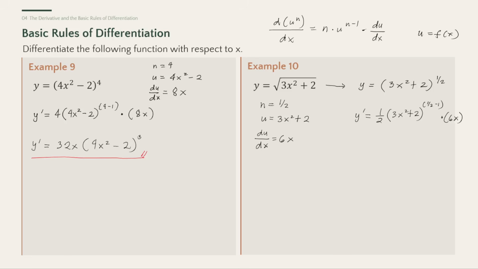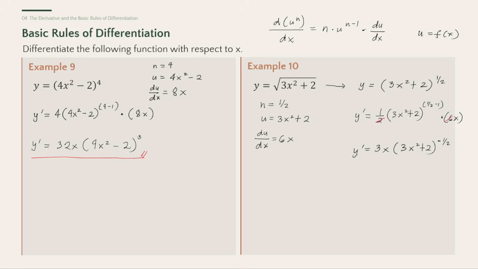Okay, therefore, we can cancel 6 and 1 half. There will be a remaining 3 on the numerator, so 3x. Then we have 3x squared plus 2 raised to 1 half minus 1, which is negative 1 half.